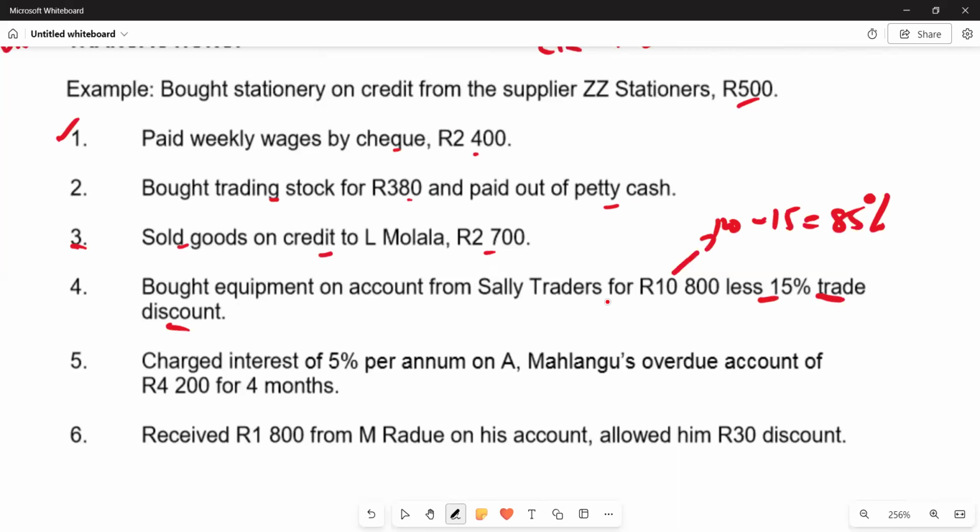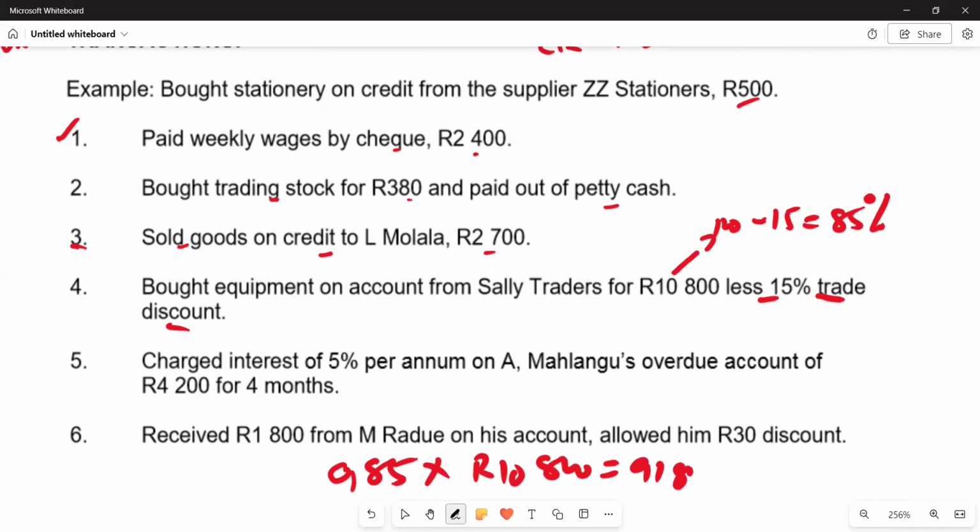So we are just going to say 85% of 10,800. So we are saying 85%, which is 0.85 as a decimal, and then we multiply by 10,800 rands. We see that the figure that we have there is going to be 9,180.